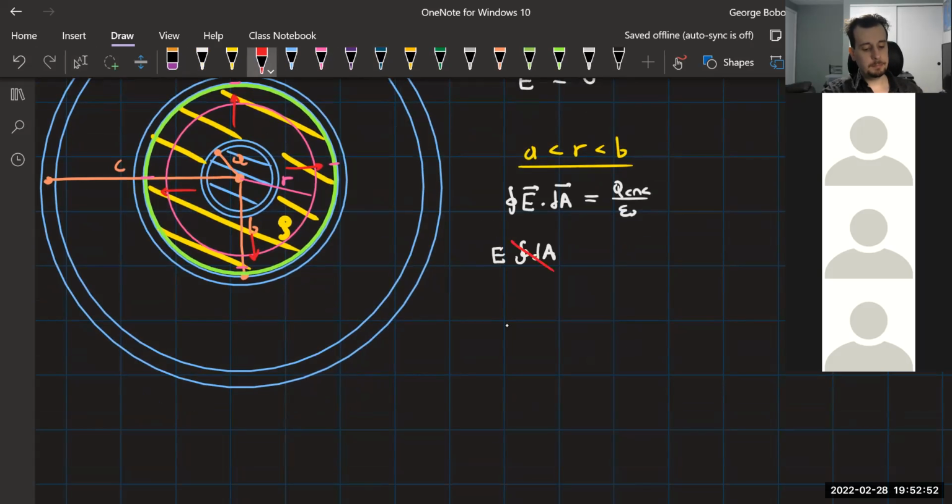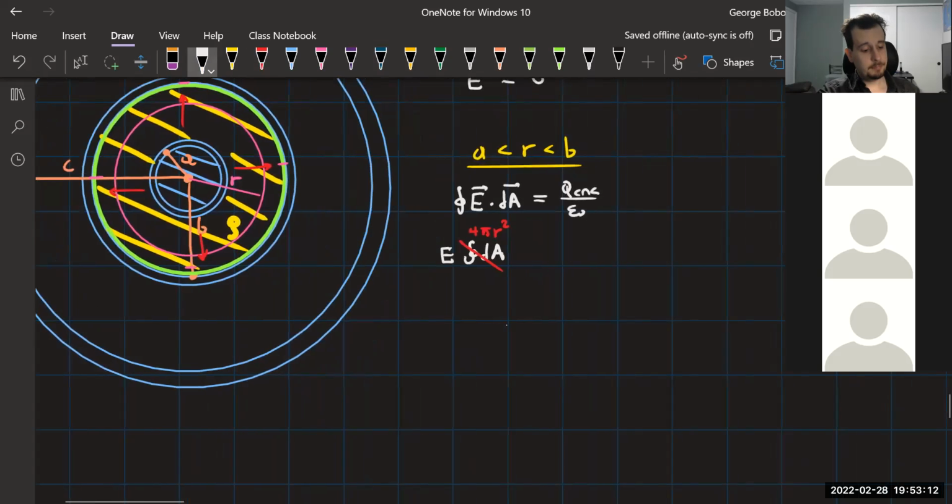Surface area, so r squared. I'm tempted to say 4 pi r squared, but I think it's different. Oh no, that's good for spheres. Okay. So that's our surface area.